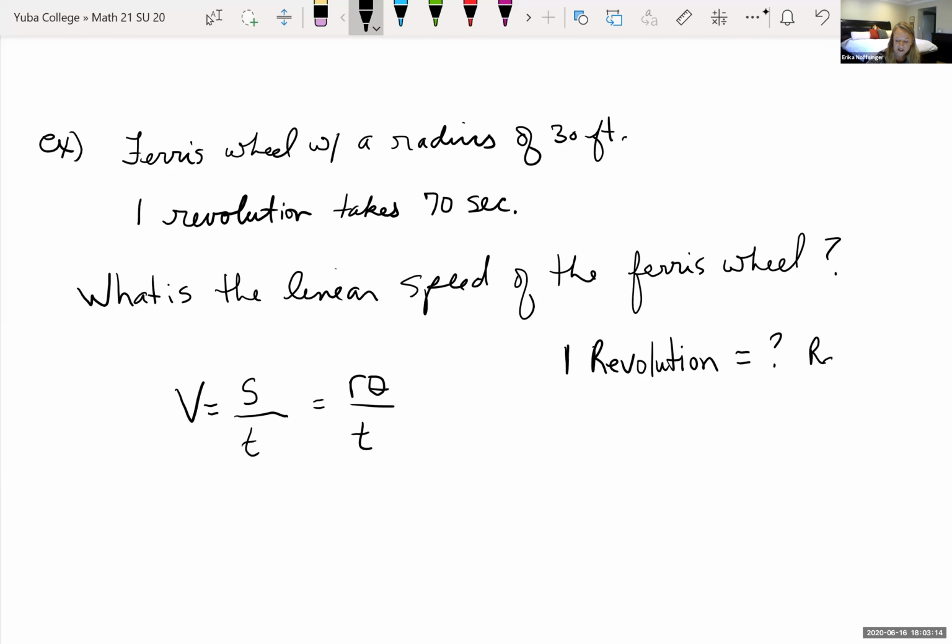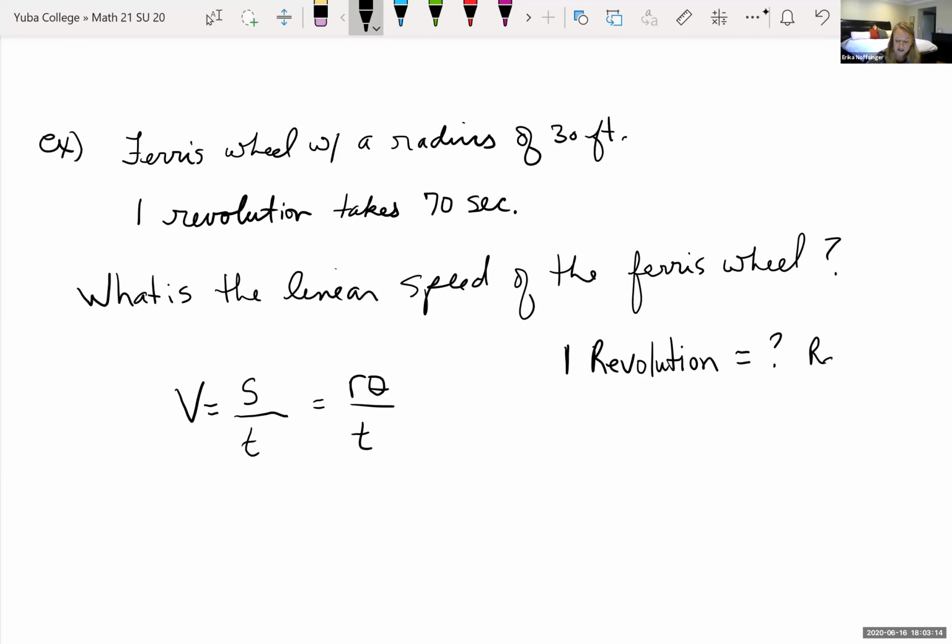Is it 2 pi? Yeah, so one revolution is equal to 2 pi. We have theta now in terms of radians. We know our radius is 30. So the linear speed is equal to 30 times 2 pi all over the time it took, which is 70.